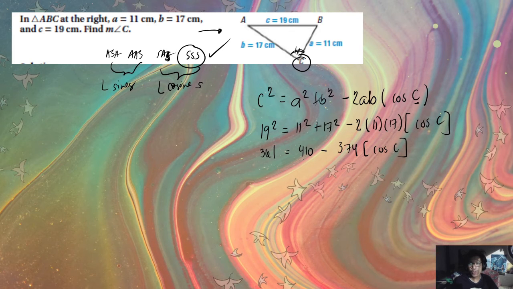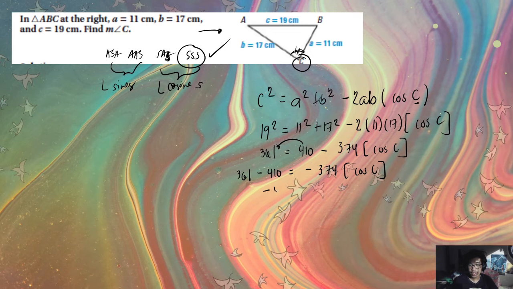Now we could transfer 410 to the other side. That's going to give us 361 minus 410 is equal to negative 374 cosine of C. Now, 361 minus 410 should give us around negative 49.